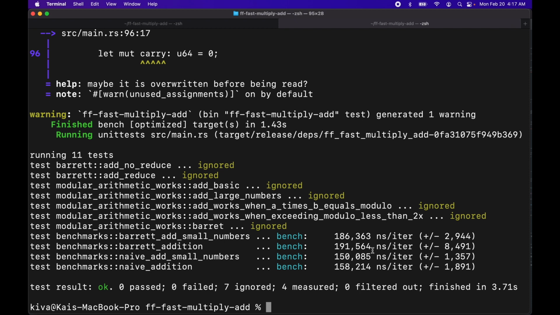But as it is implemented now, it is noticeably less time for adding small numbers. And then you see naive addition and reduction actually takes less time for my implementation than Barrett.